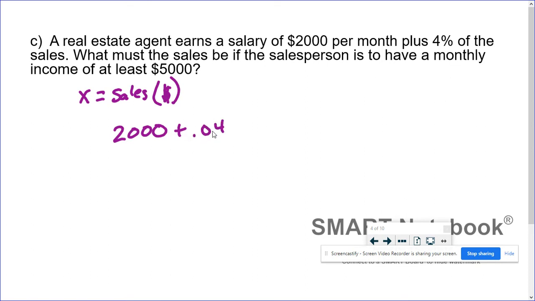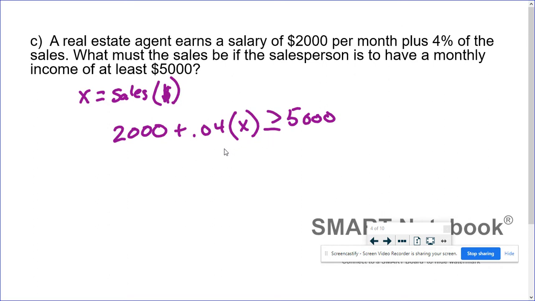Make sure if you're using a decimal, that's not 0.4, that'd be 40%. 0.04 or 4/100ths would be 4%. All right, so then 4% of the sales is also what they earn. So that combined, they want to be at least $5,000. So that would be greater than or equal to 5,000. So that's the setup.